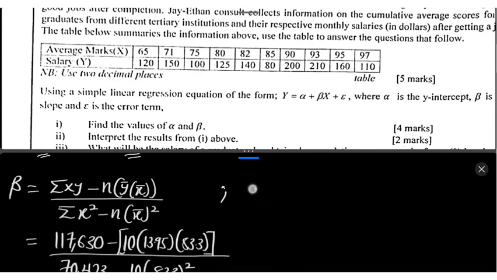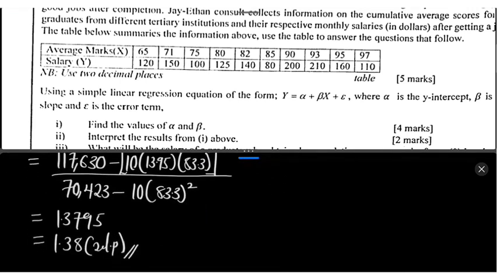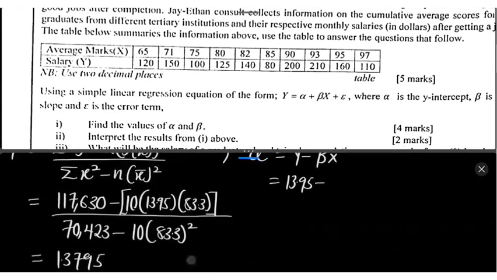So once we've gotten the slope of the equation, then we can find the alpha, which is the y-intercept, for which we know the formula is y bar minus our slope multiplying our x bar. So we know y bar to be equal to 13.95, minus our slope, in this case we are going to pick 1.3795, and then multiply that by our x bar, which is 83.3.